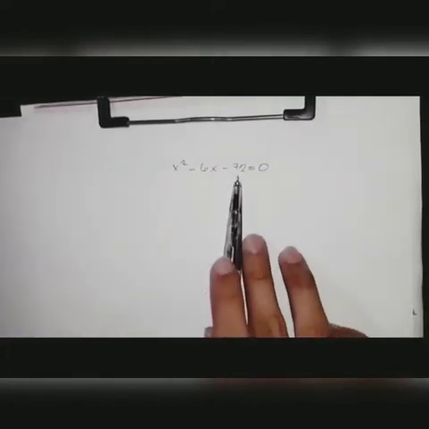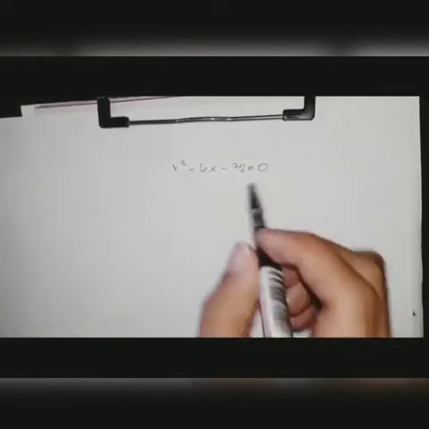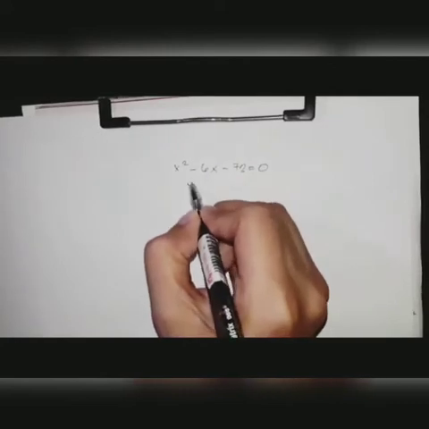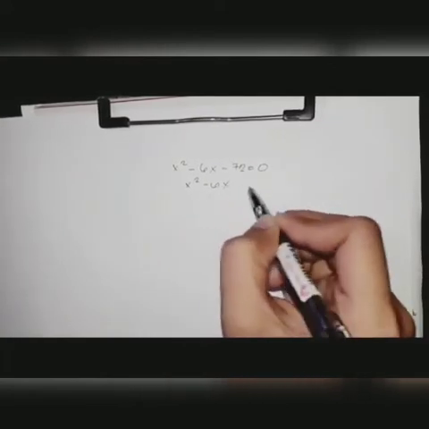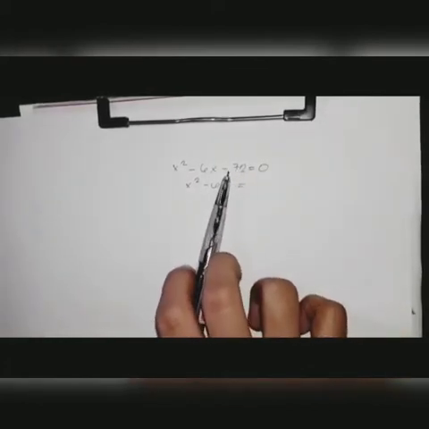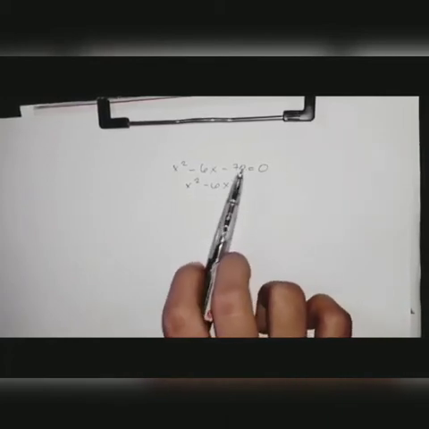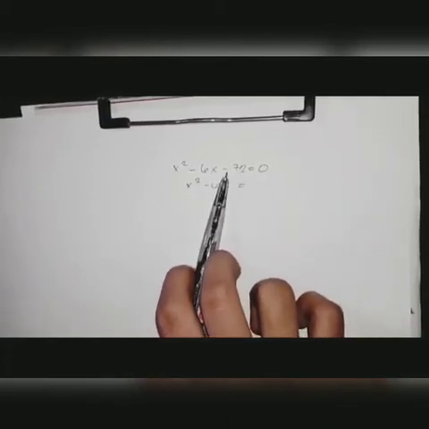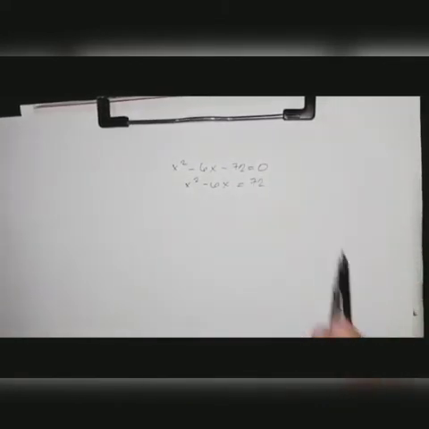So our first step is to transfer the third term to the other side of the equation. So this will become x squared minus 6x is equal to, since we are going to transfer the value negative 72 to the other side of the equation, the negative sign will be positive, so this will become 72.